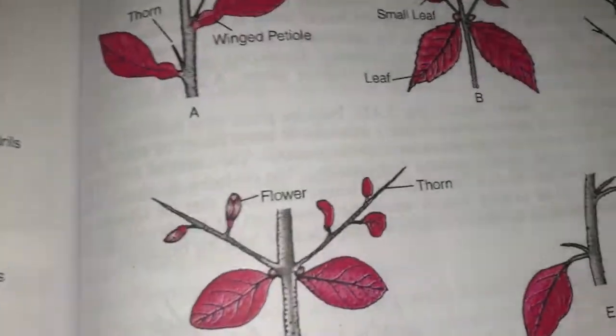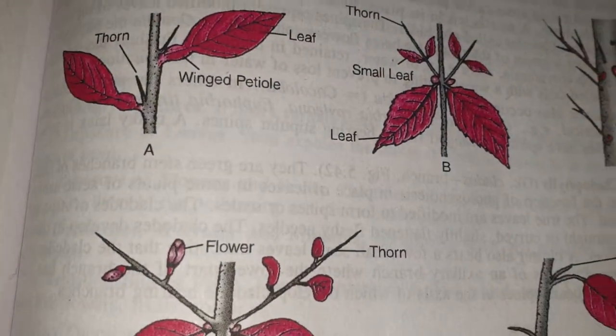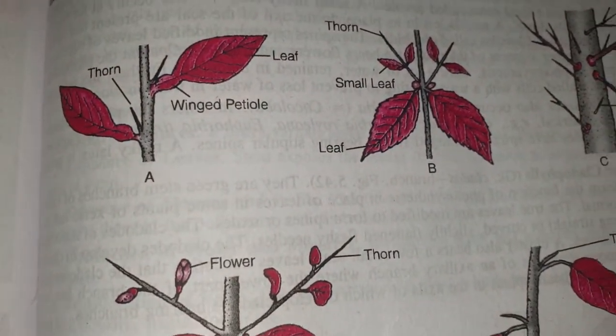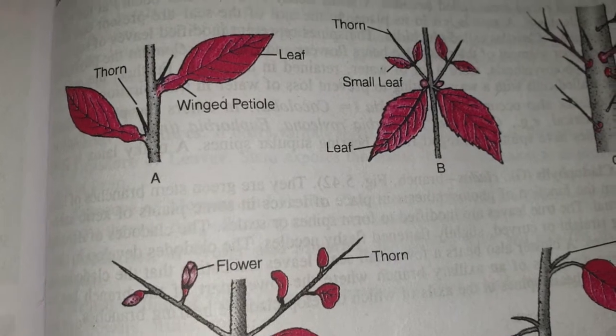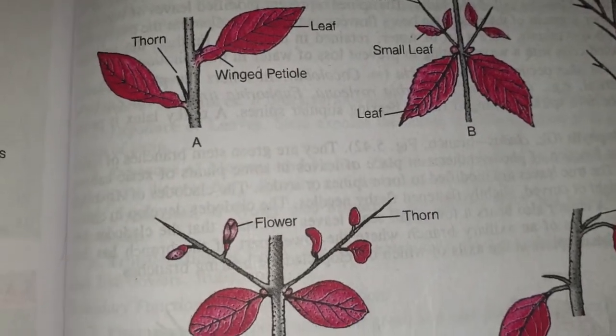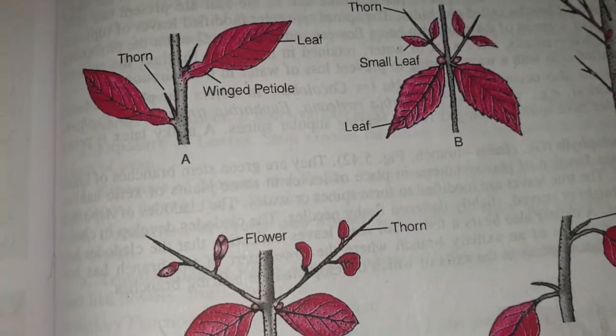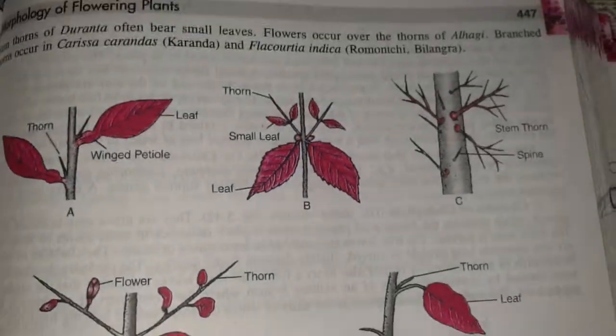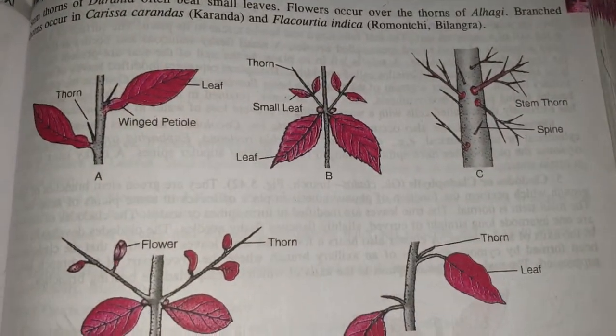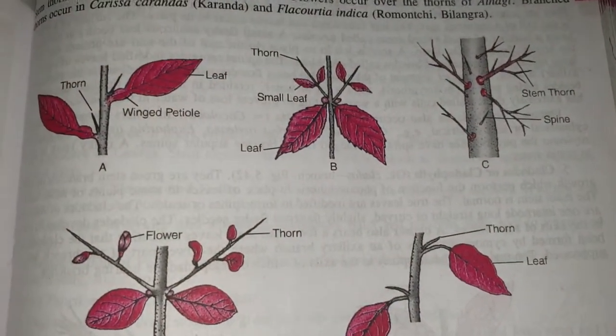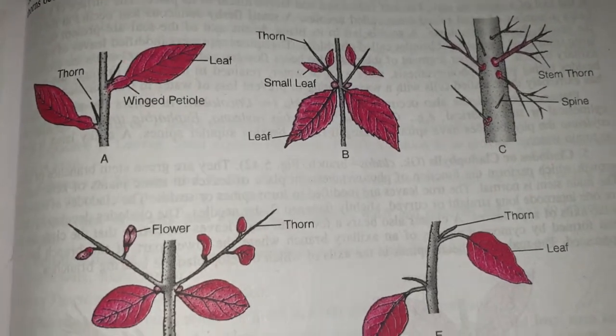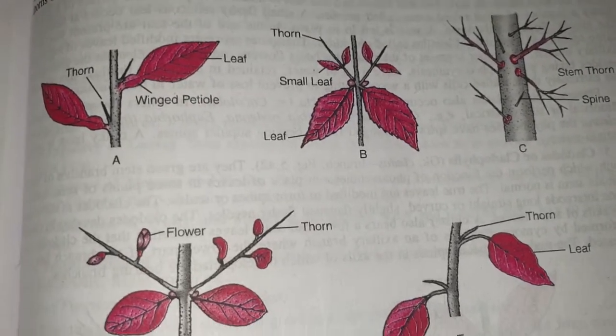Then we come across thorns. Thorns are also a modification of the stem. Okay, they become hard and pointed, just like thorns. As you can see in the diagram, different types of thorns are there. These basically provide protection so that animals do not come and eat them.